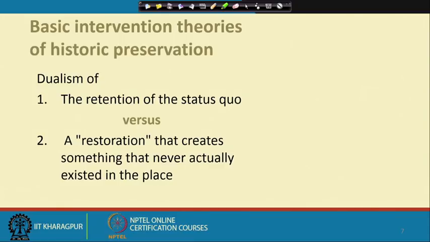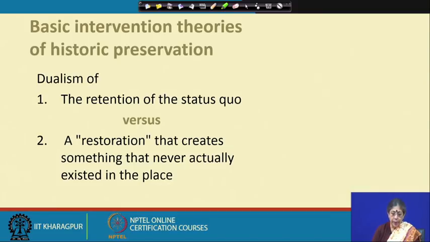The basic intervention theories of historic preservation, what we see later on, is the dualism between the retention of the status quo and a restoration that creates something that never actually existed in the place. That actually started later on, when there was a conflict about what the approach should be.